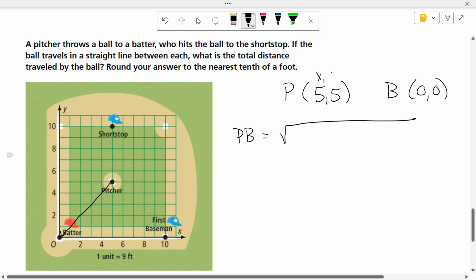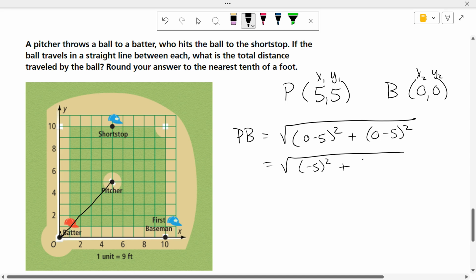This is x1, this is y1. This is x2, this is y2. So you take 0 minus 5 and you square it, plus 0 minus 5 and you square it. 0 minus 5 is negative 5 squared. Negative 5 squared is 25, because negative 5 times negative 5 is positive 25. If we get another positive 25, that's the square root of 50.